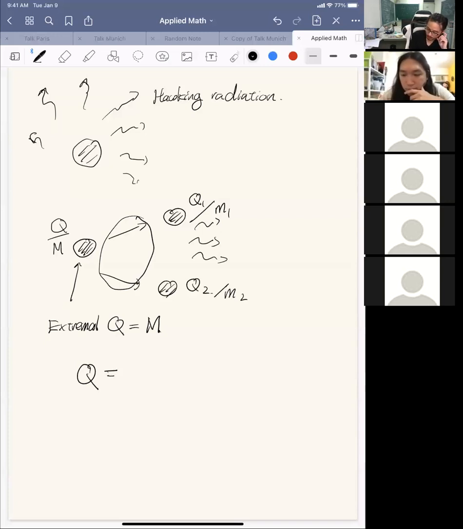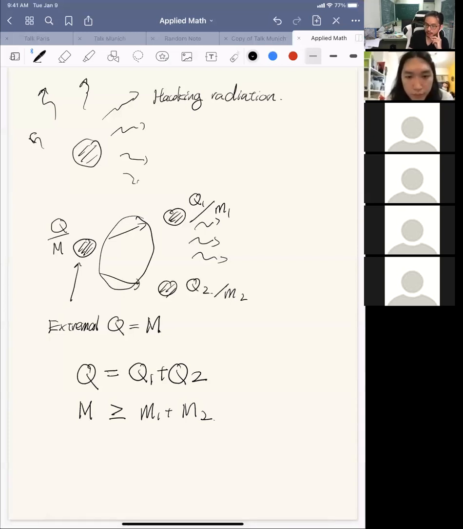So that means Q is equal to Q1 plus Q2, right? Okay, for the mass, M has to be bigger than or equal to M1 plus M2. So if it's equal, then it probably makes sense, but it can be bigger.